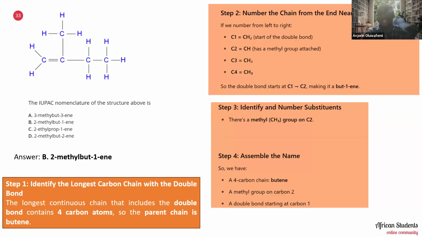From there you can assemble the name together. It is a 4-carbon chain, so it's a butane. There is a methyl group on carbon 2, and the double bond starts at carbon 1. So with all that information, you arrive at 2-methylbut-1-yne, which is option B.